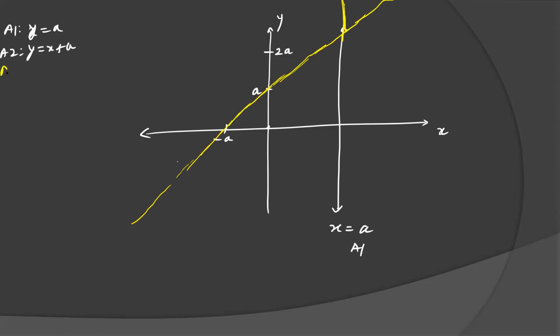Third asymptote was y equal to minus x minus a. So y equal to 0, x equal to minus a, and x equal to 0, y equal to minus a.